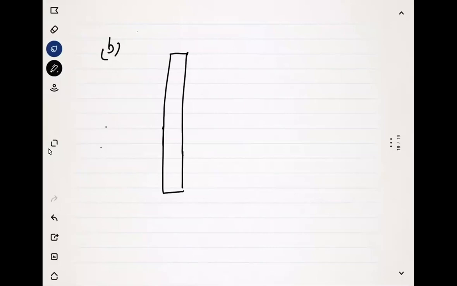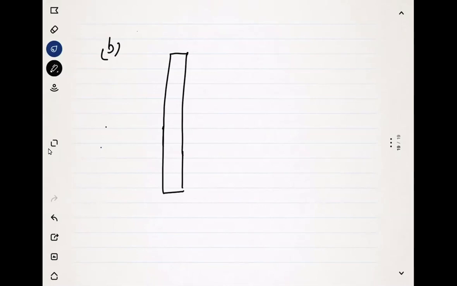So on this rod, the three forces will be T, mg, and the third force could be at this point P. So this point P we can take to be the pivot.